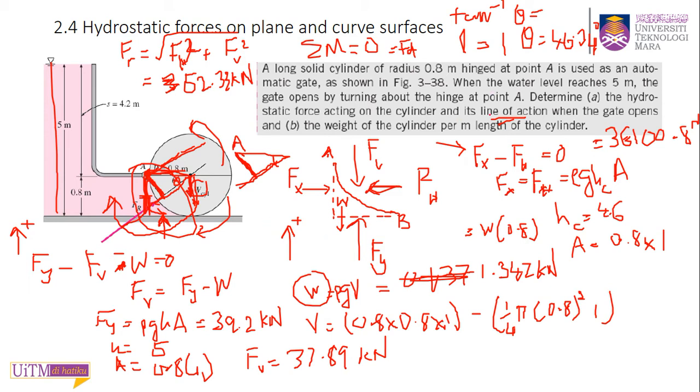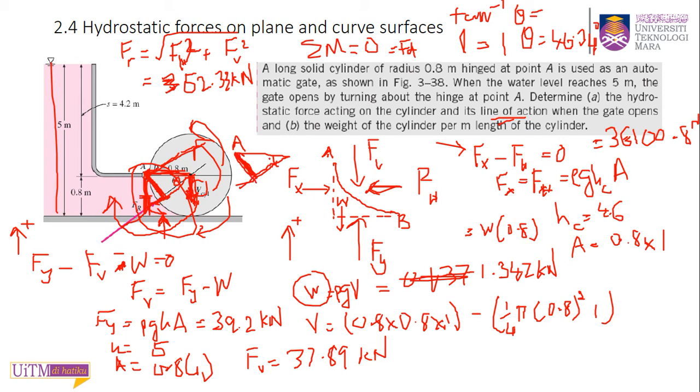Then we have another moment that acts against it, exerted by this FR. So the distance from the fixed position is not 0.8. The 0.8 is W's distance, the distance at which the force acts from the fixed position, from the point to the force.